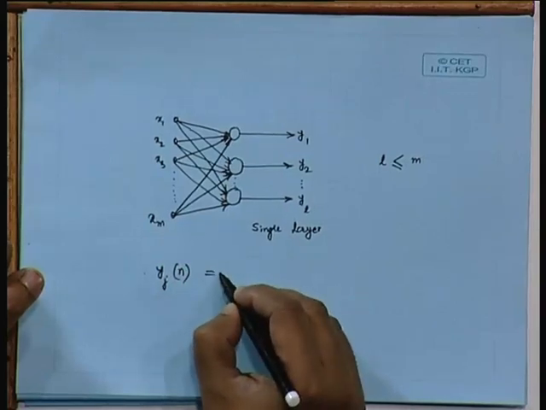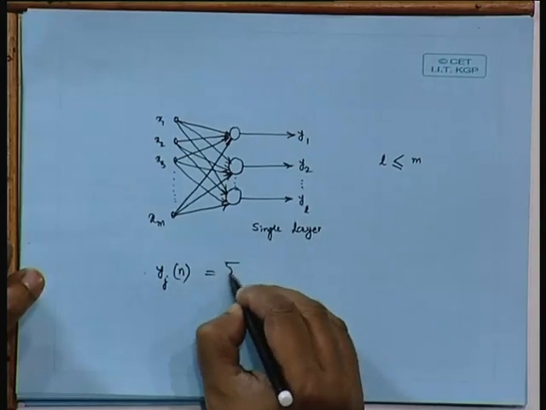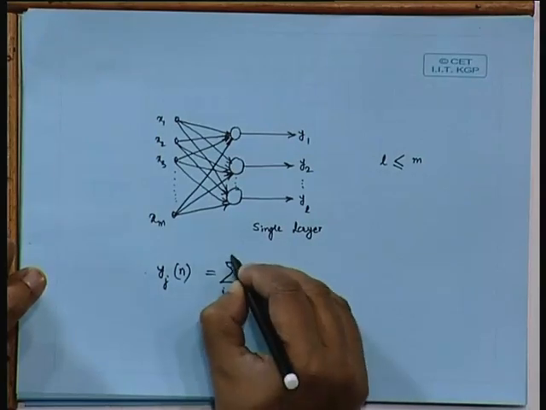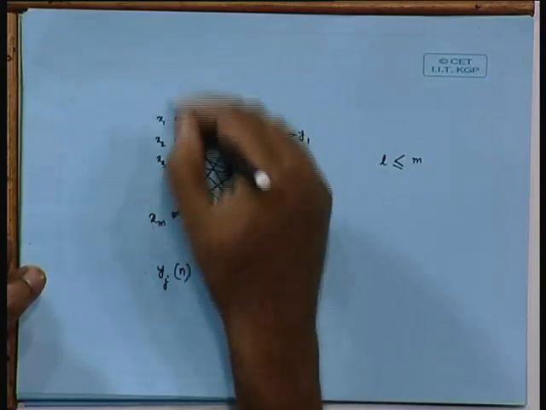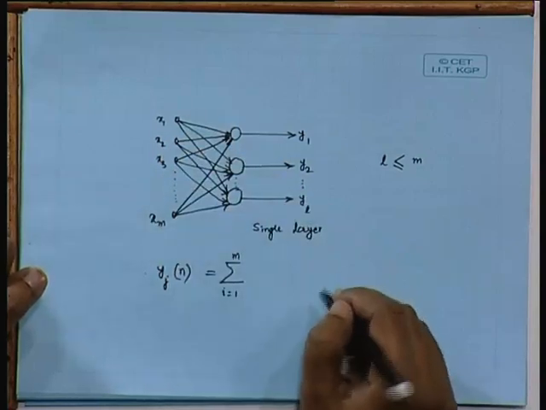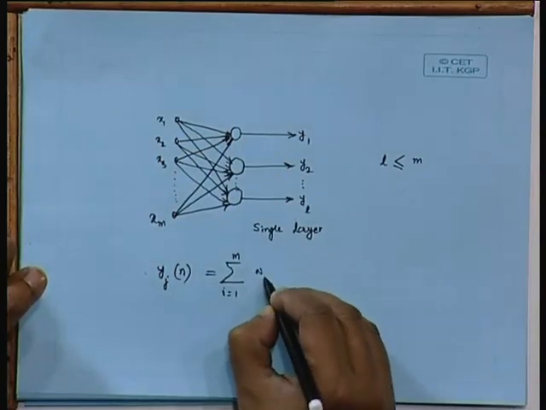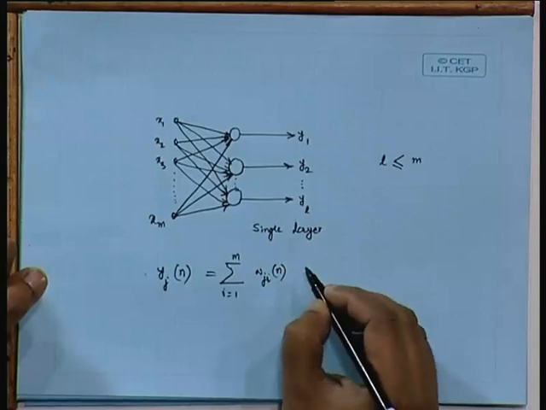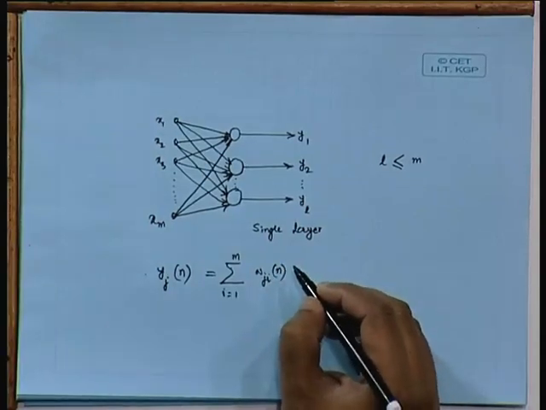So, this yj(n) would in expanded form be written as the summation over i equal to 1 to m, which corresponds to all the inputs, of wji(n) times xi(n).